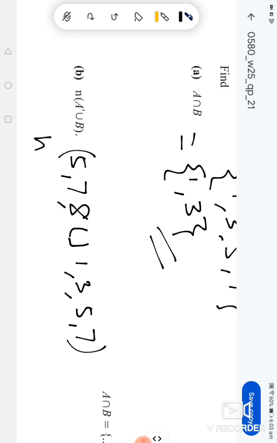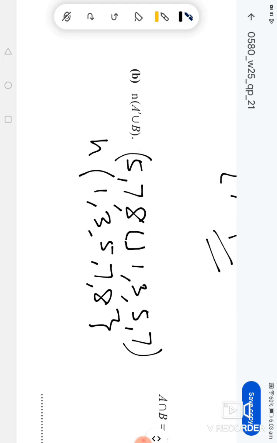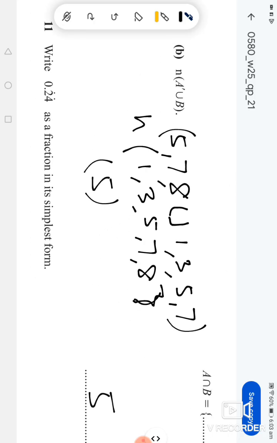So the numbers are 1, 3, 5, 7, and 8. So total 5 numbers.